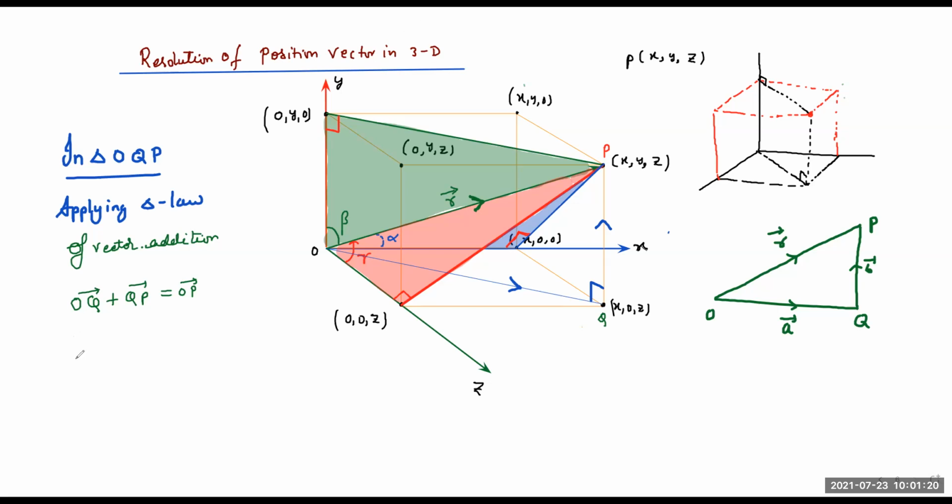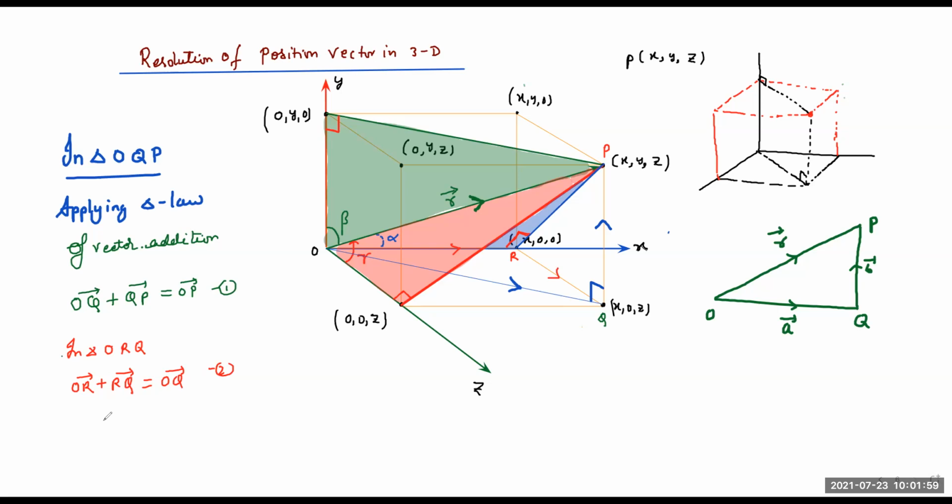So OQ is something which you can rewrite. I will call this equation 1, and then in triangle ORQ, I can write OR vector plus RQ vector equals OQ, because I want to find the OQ as well. So that is equation 2.